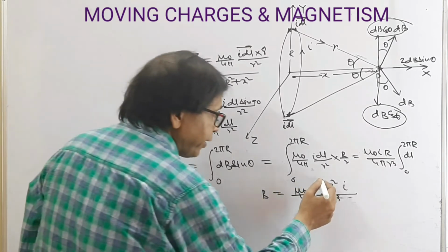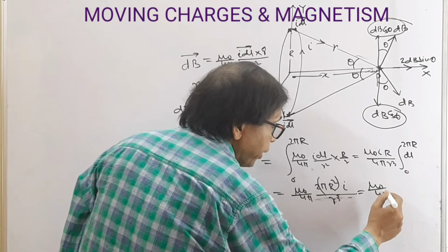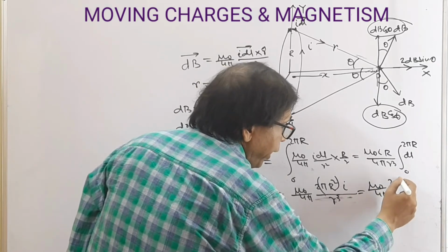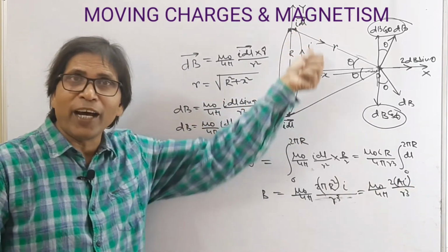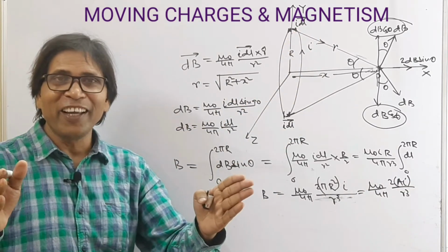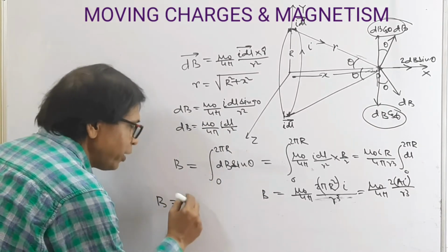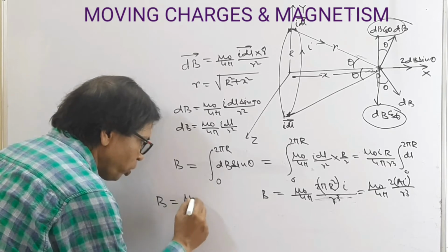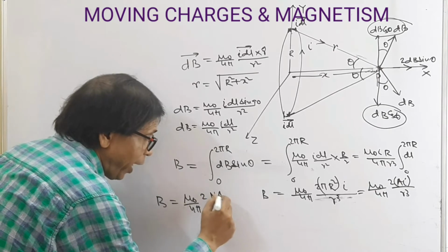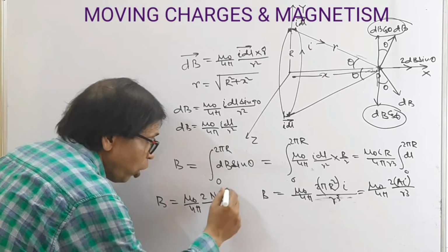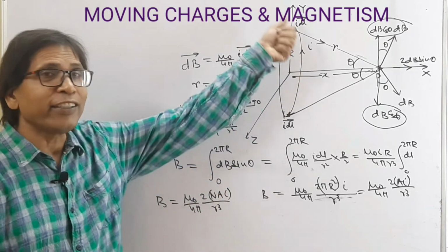So this is the area of the coil. So this is mu naught by 4 pi, 2AI by capital R cube. If the number of turns in the circular coil is capital N, then B equals mu naught by 4 pi, 2NAI divided by R cube, where NAI is the magnetic moment due to the circular coil.